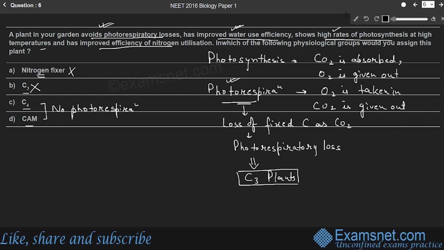It shows high rates of photosynthesis at high temperature and has improved efficiency of nitrogen utilization. So these characteristics are for C4 plants, okay, because we know that C4 plants have a special type of anatomy known as Kranz anatomy, okay, and this is responsible for all these characteristics. Therefore, the correct answer will be option number C, that is C4 plants.